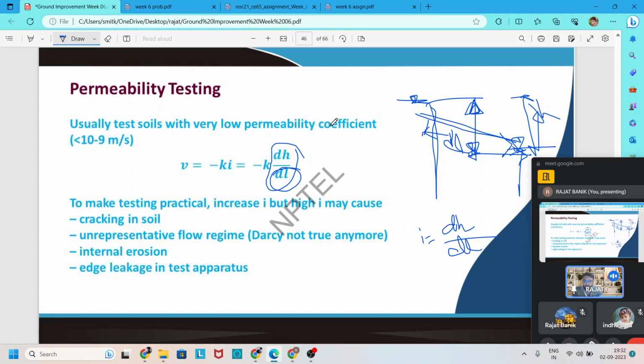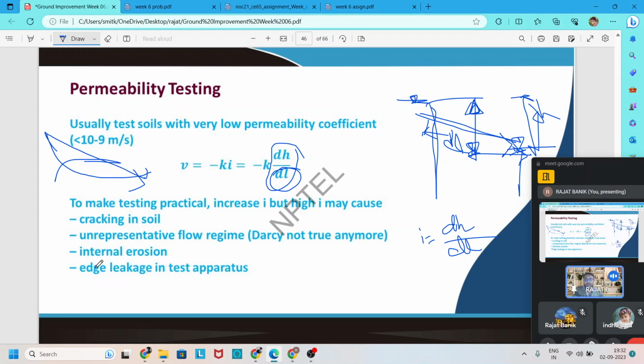And due to the high gradient, when water flows from one point to another, it may flow in a parabolic or hyperbolic shape, not in a straight line. So the proportionality, that V is proportional to i, is not true here. So Darcy's law is not valid here.